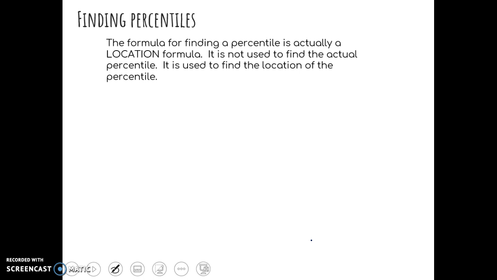It is called a location formula. It's not used to find the percentile, it's used to find the location of the percentile. It's kind of like finding a point on a map, showing you where it is. So it finds the location, not the actual percentile.